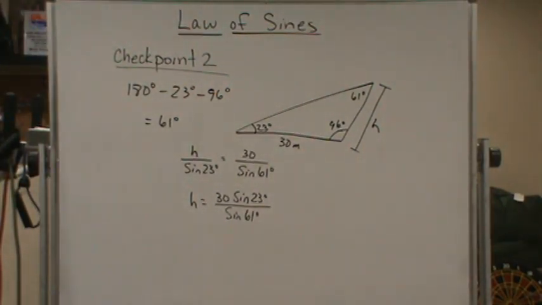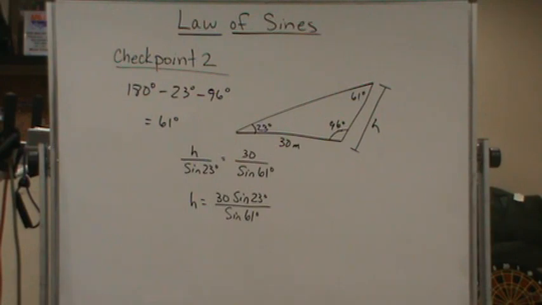And so again, have your calculator and make sure that, of course, it's in degree mode. And we're going to do 30 times the sine of 23 divided by the sine of 61.